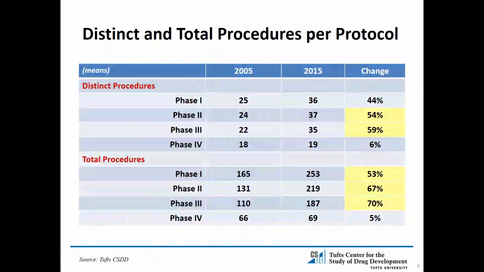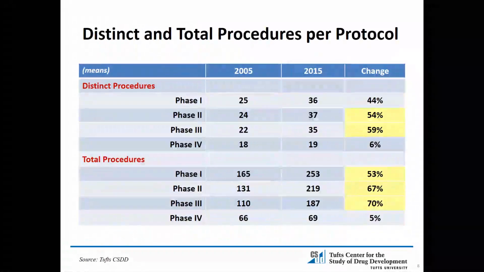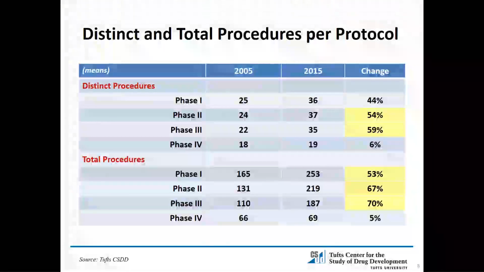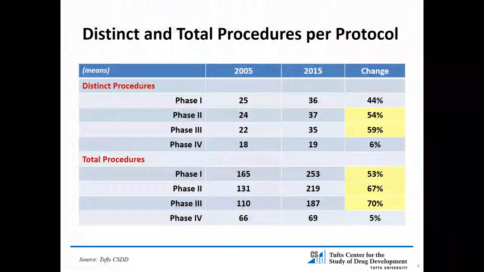Not only is the scientific complexity of our programs increasing, but we can also look individually at protocols across different phases, and we see that the increases really are not phase agnostic. Our phase 2 and our phase 3 studies are places where we see the most rapid growth, or the most substantial growth in complexity, as measured here by the number of distinct or total procedures that are performed.